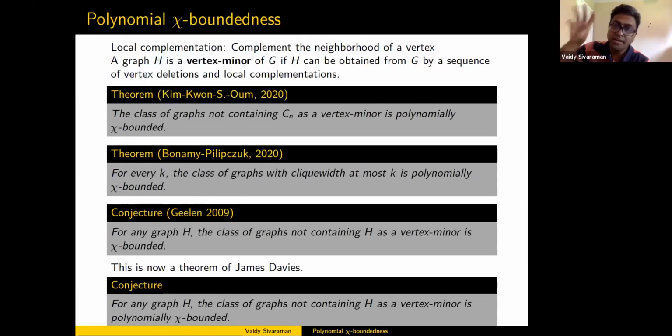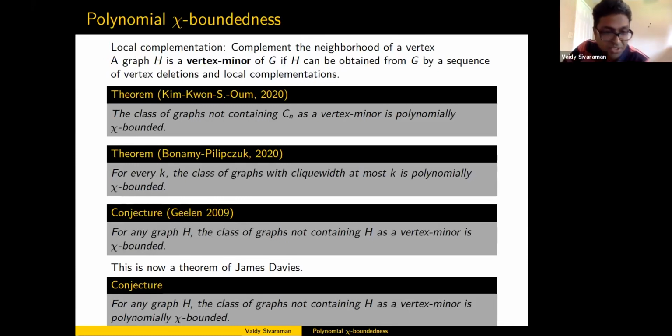Any graph you take, exclude it as a vertex minor, then what you get is chi-bounded. And last year, this conjecture of Geelen was proved by a student of his called James Davies. So this is now a theorem that if you exclude any graph as a vertex minor, it's chi-bounded.